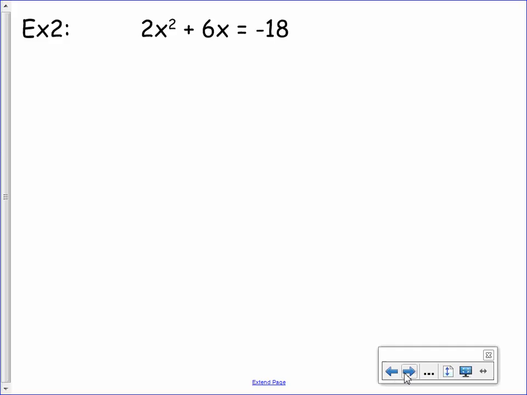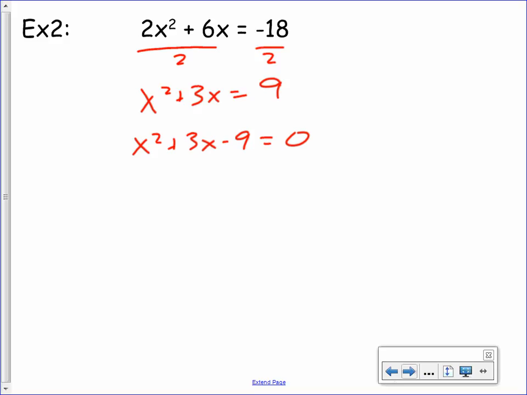If you can reduce it, do, because your numbers will be smaller. So, reducing this equation by 2, we're going to have x squared plus 3x equals 9. Subtract the 9 from both sides: x squared plus 3x minus 9 equals 0.